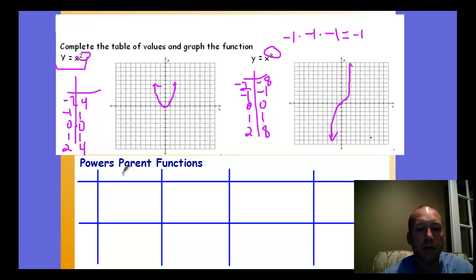So looking at the parent functions, if we have x squared, x cubed, x to the fourth, and x to the fifth as the polynomials we're going to look at. And then we also are going to look at our a value. Our a value can be positive, our a value can be negative. These all have a values, and for the two up here, our a value is positive 1 and positive 1.